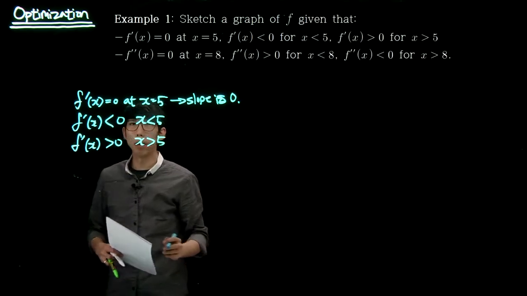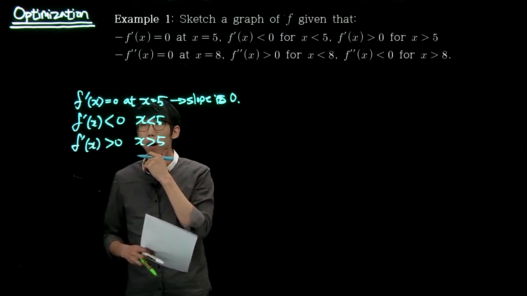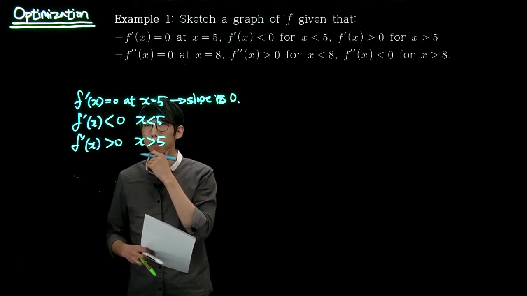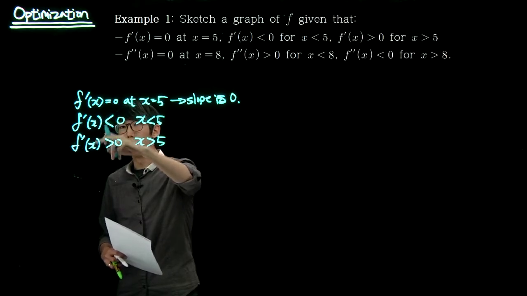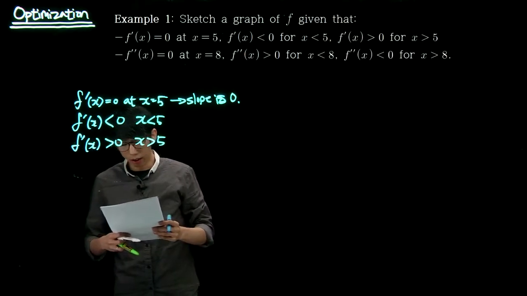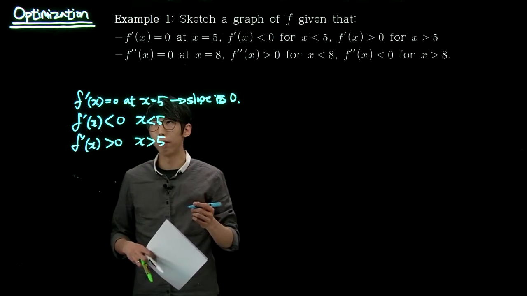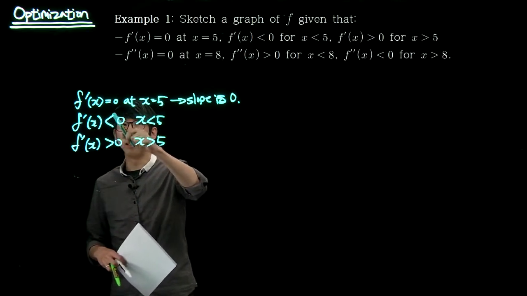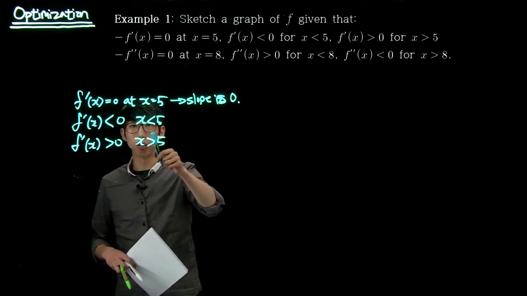So we have these pieces of information, and what we have to notice is that we learned from the last lecture that when the f prime changes sign, it tells us about the concavity of the function. So it changes from being negative to positive around x equals 5.